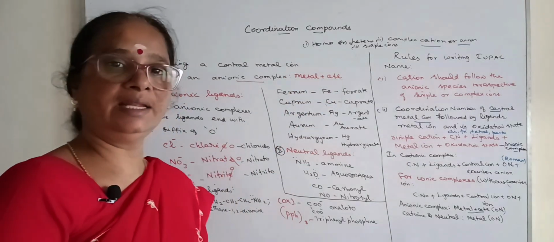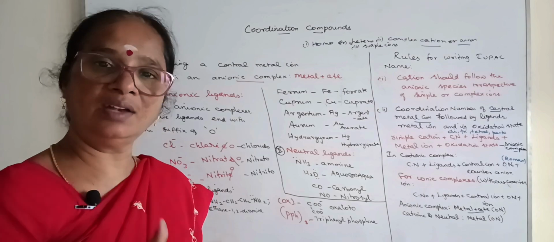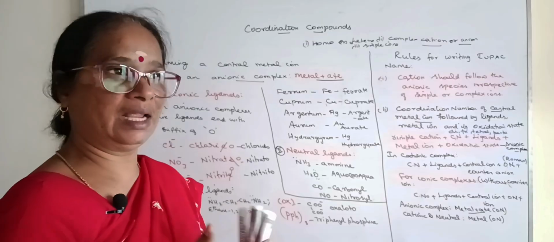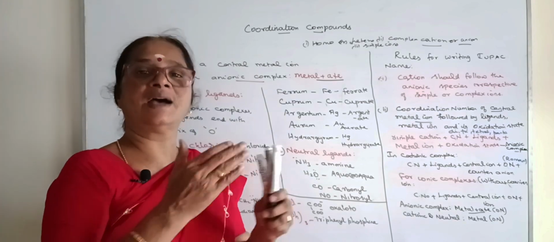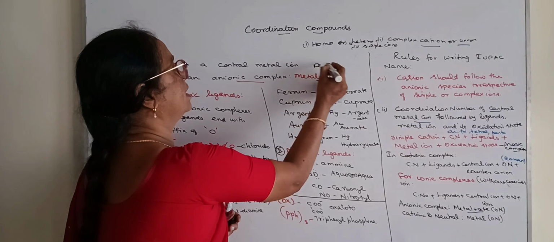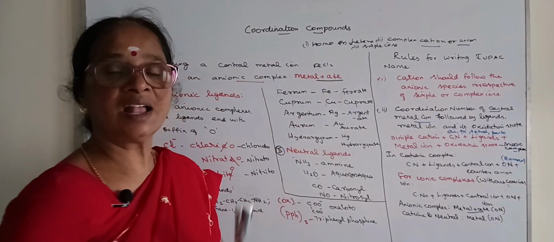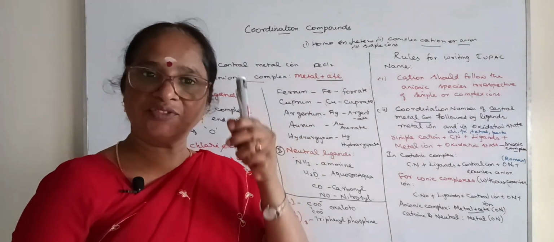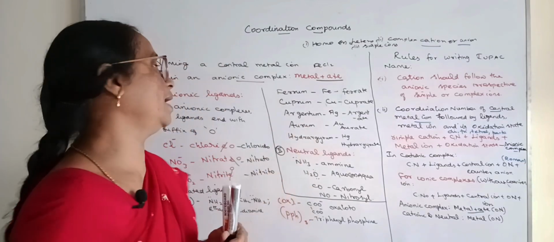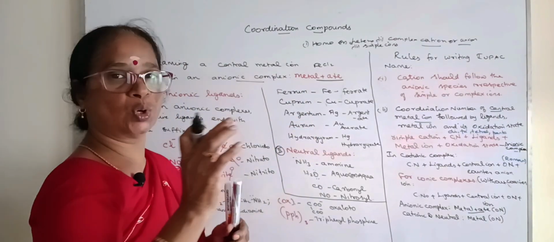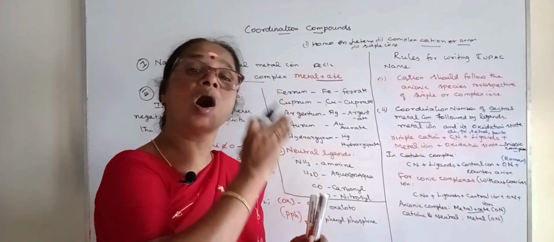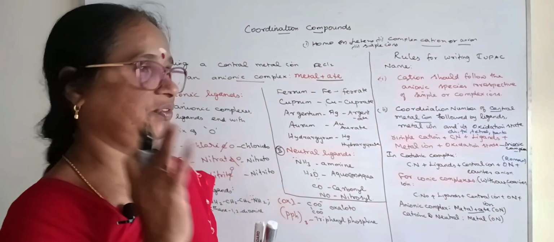In the anionic complexes, the metal should always end with the suffix -ate. For example, FeCl2 is iron(II) chloride, or we will say ferrous chloride, where ferrous is derived from its Latin name, ferrum. So for some of the metals, we have to get their Latin or Greek name with its suffix.